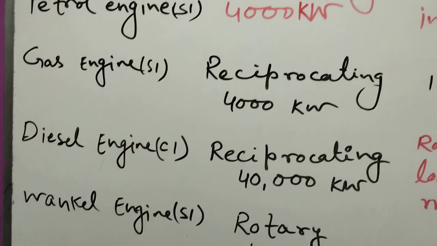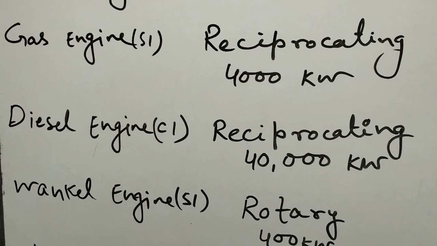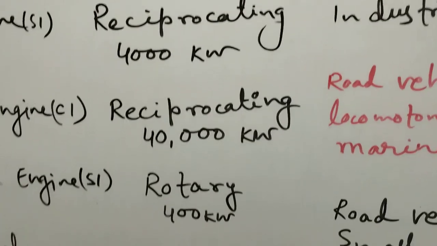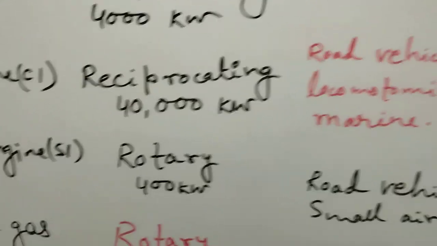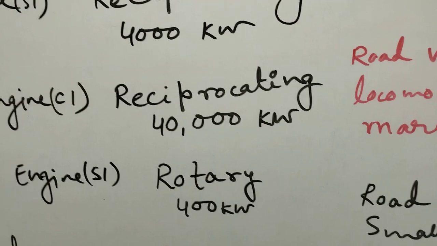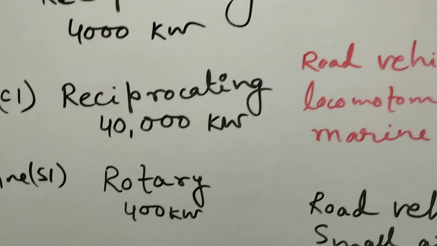Diesel engine. This is the compression ignition engine. Here only the air is compressed. This is also a reciprocating engine. The power developed by this compression ignition engine is 40,000 kilowatt.